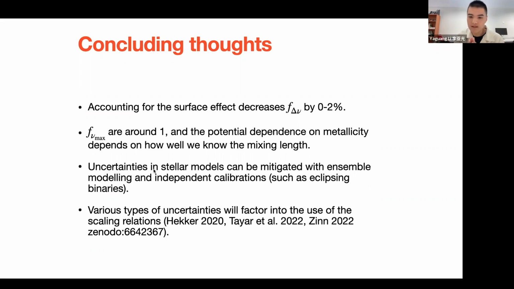These can be mitigated by ensemble modeling and some independent calibrations, such as the properties from eclipsing binaries. And when you're using these scaling relations, just keep in mind that various types of uncertainties will also factor into your calculation. There are some really good reviews about that.